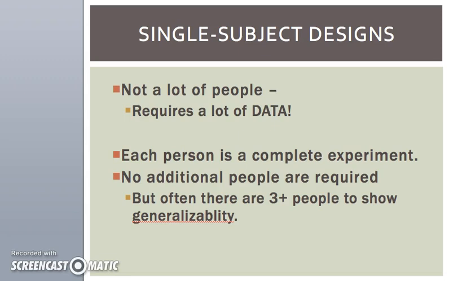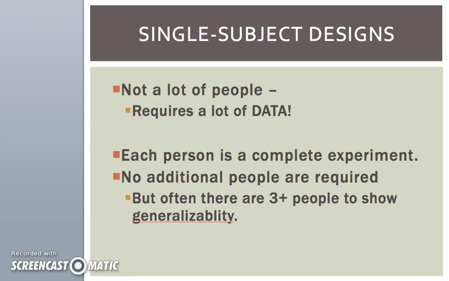Group designs collect a lot of data, but they do so by taking a snapshot of each subject, usually just once, or several times in a within subject experiment, but each condition is represented by only a single data point per person. Here, each person is a complete experiment in and of themselves. No additional people are required.